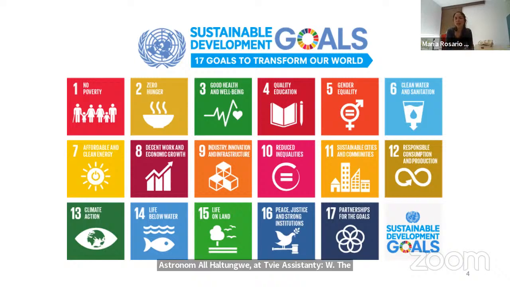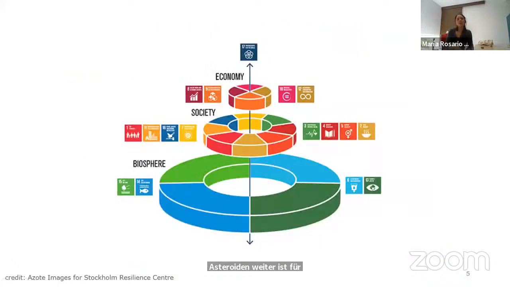I especially like a representation of the SDGs, which is the short term for the Sustainable Development Goals, presented by the Stockholm Resilience Centre. They represented this in what they call a wedding cake, or the three rings. It shows again the three spheres from the initial definition: the economic, the societal, and the environmental, here named the biosphere.